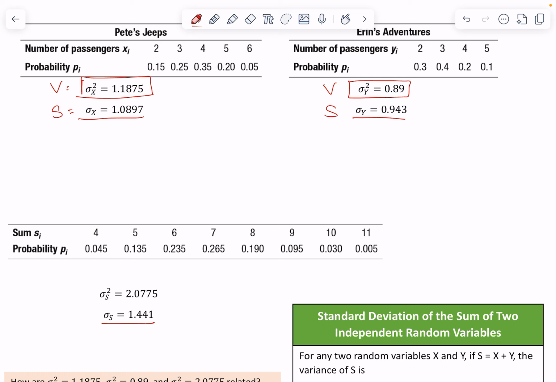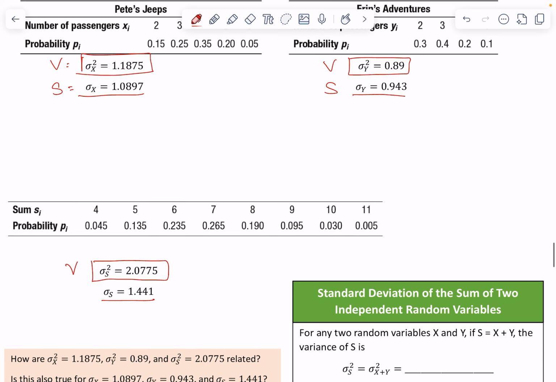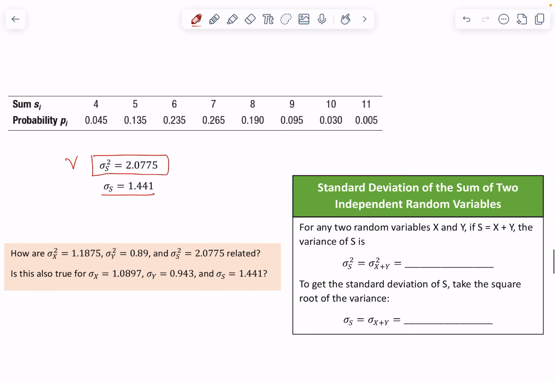But if you look at their variances, 1.1875 plus 0.89 is 2.0775. So standard deviations don't add up, but variances do, which is just the standard deviation squared. So the variance of X plus the variance of Y works out.